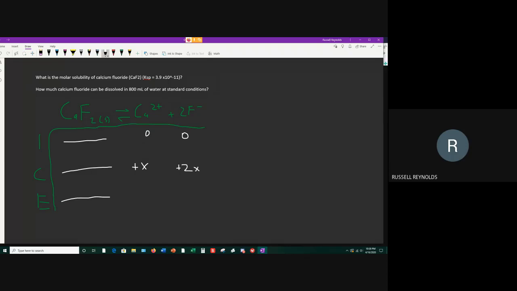And the reason that it increases in terms of 2x is because its coefficient is a 2. So at equilibrium, calcium ions are going to be x, and fluoride ions are going to be 2 times x.